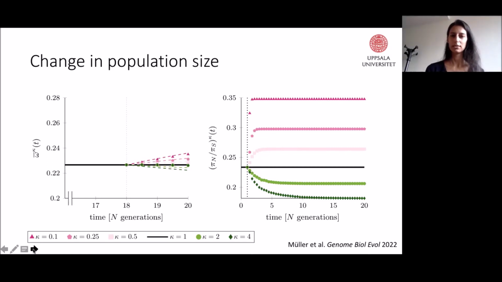For pi N and pi S, since it's not an accumulative measure, we can simply put the line 2 time steps after the change in population size, so we would be here. We can see that even for recent changes in population size, pi N over pi S gives us much more reliable information on the efficacy of selection after the change in population size than omega would.